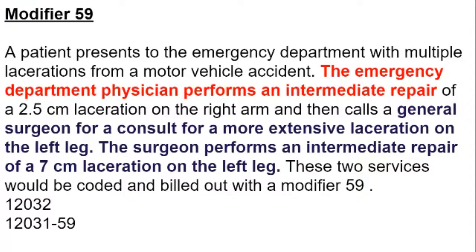Your 12031 is for the 2.5. No, I'm sorry. The 12032 is for the 7 centimeter laceration. The higher the number, the bigger the laceration. So that's how I know that. 12032 is for the 7 centimeter laceration, and the 12031 is for the smaller laceration.